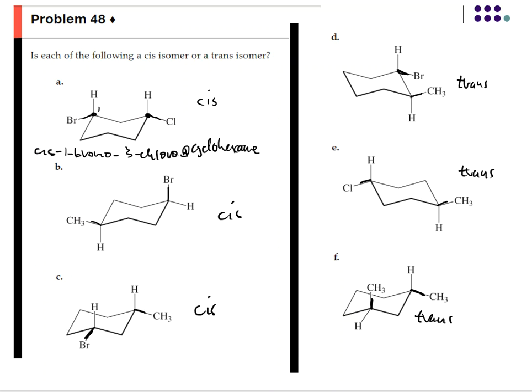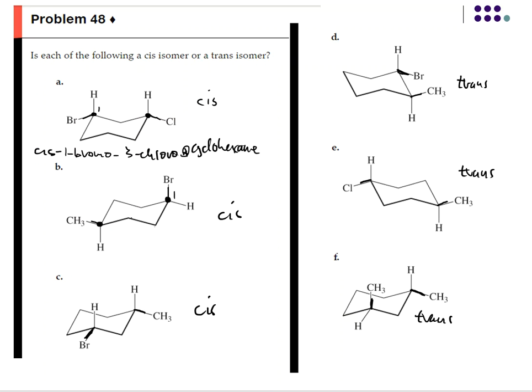All right, for part B, we know it's cis, but we've got to name it. So here we have a bromo group, and here we have a methyl group. The issue here, though, is that bromo is a little bit different than an alkyl group. Alkyl groups are kind of normal, run-of-the-mill, same-o, boring, right? Bromo spiced it up a little bit. So I'm going to probably give this one a group number 1, and then 2, 3, 4.